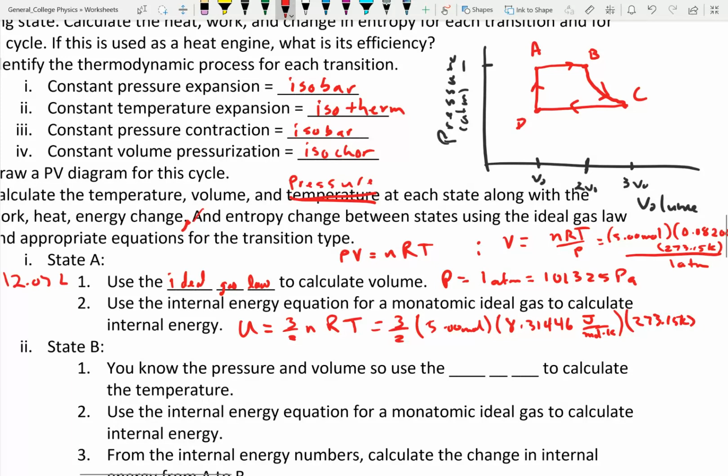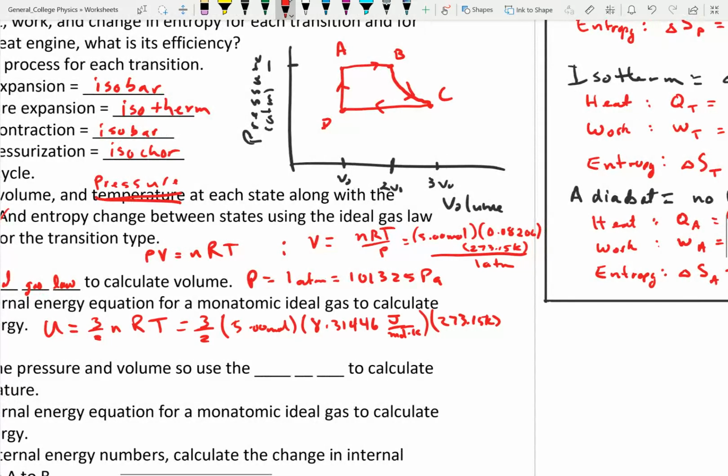And that gives me an internal energy of 17,033 joules.